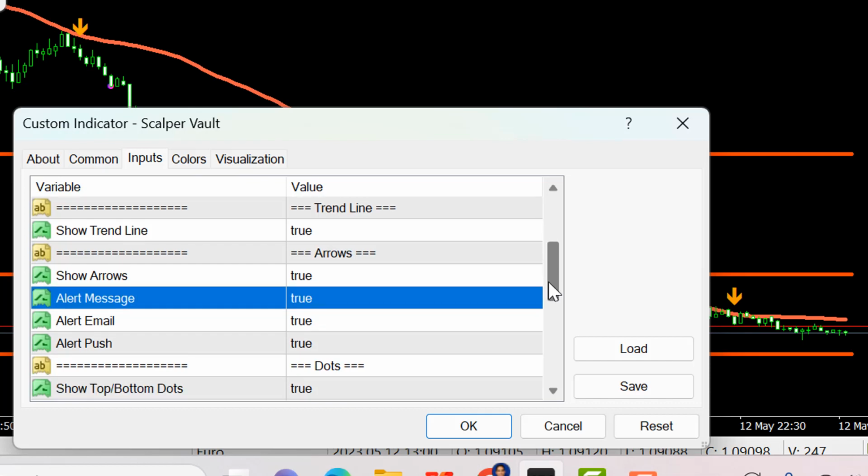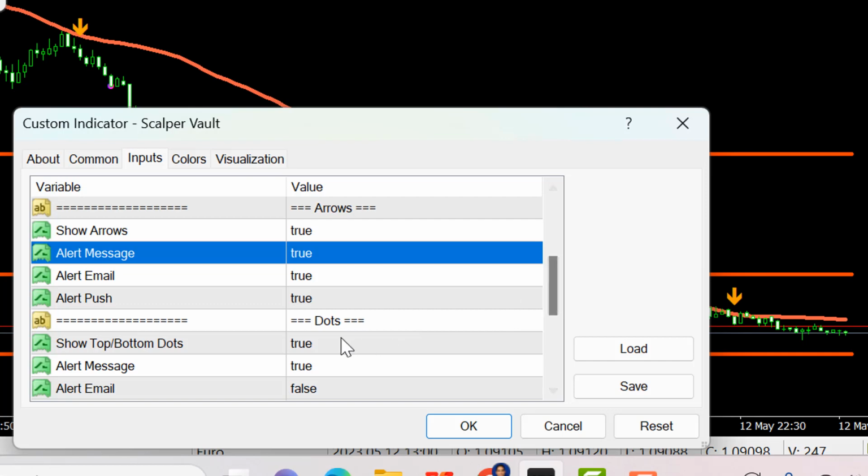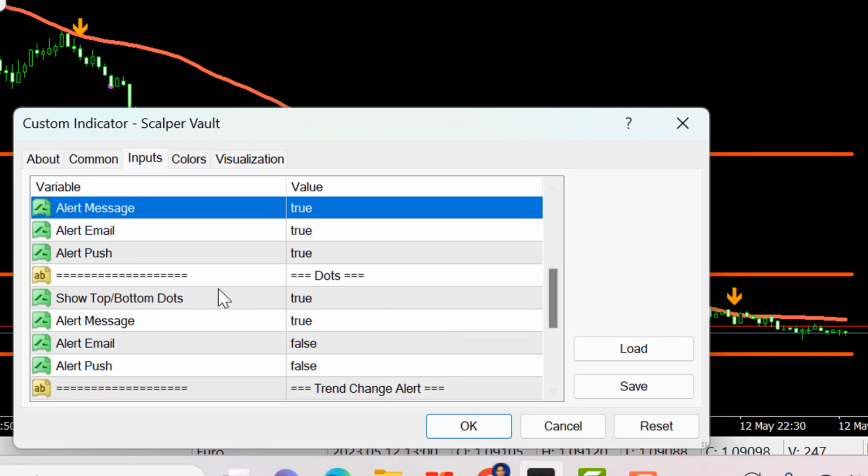The last thing that I am very interested in with this indicator is the dots. Show top and bottom dots. These top and bottom dots can be used as your signal for when to exit the trade or when to close your position, either buy or sell.